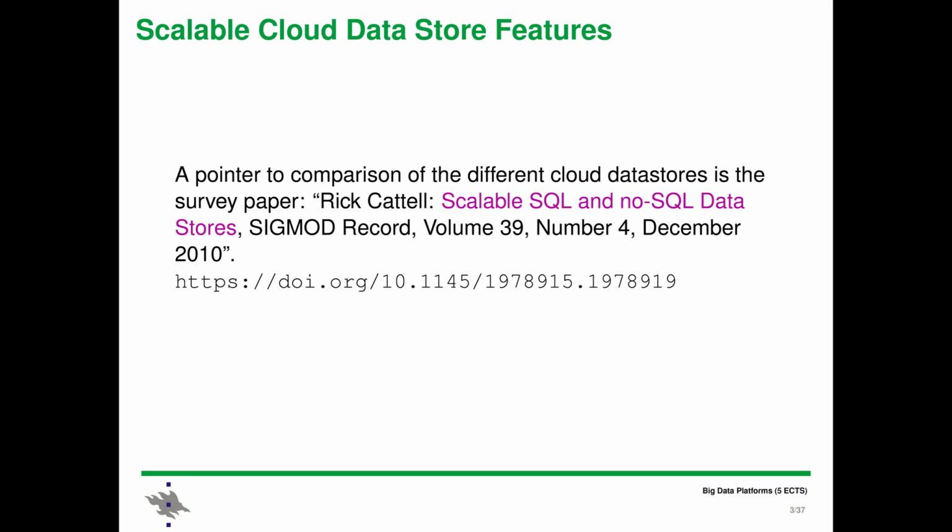I'm using as background material a paper by Rick Cattell, Scalable SQL and NoSQL Data Stores. It's already an old paper, but it has a nice grouping of data stores that I found quite useful, so I've kept using that in these slides.